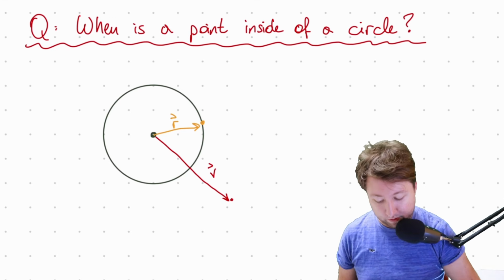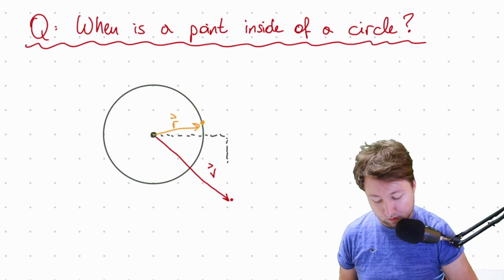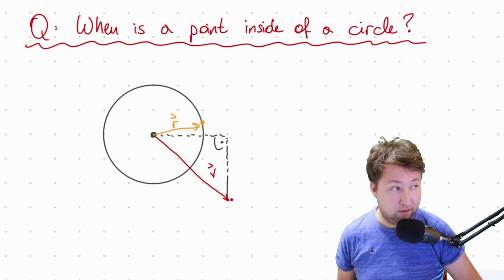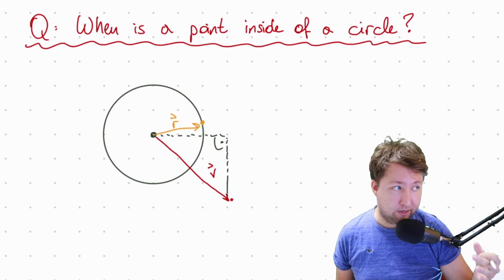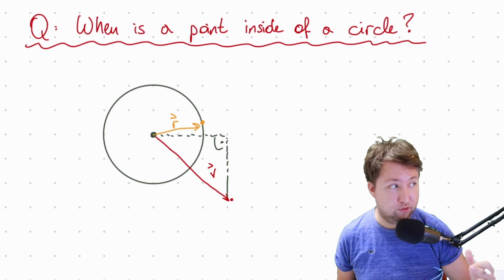To determine the length of the vector, we use Pythagoras' theorem, meaning that we consider the x component and the y component. These span a right-angled triangle, and the square of the length of the diagonal can be computed as the sum of the squares of the two sides of the triangle.